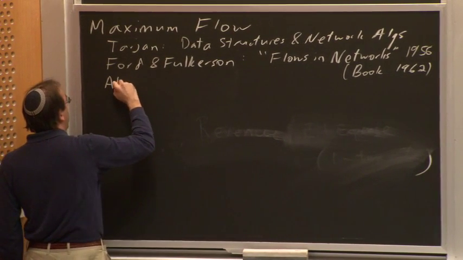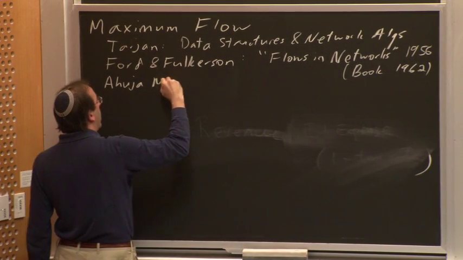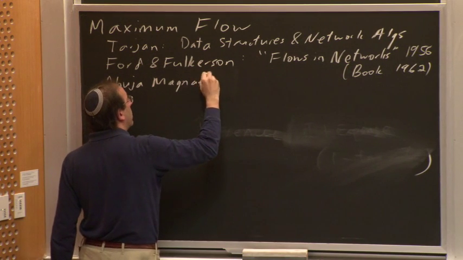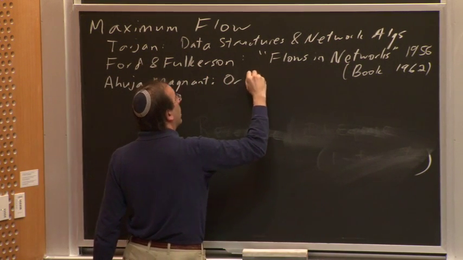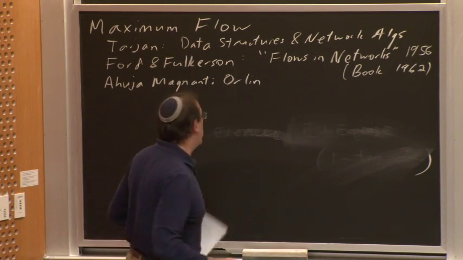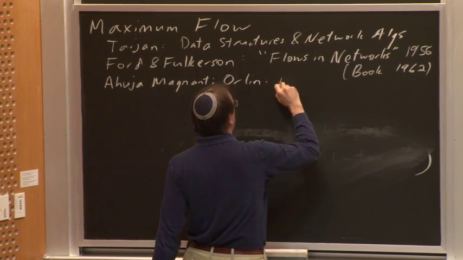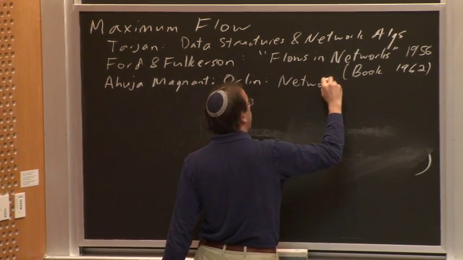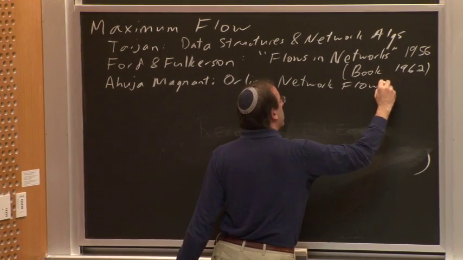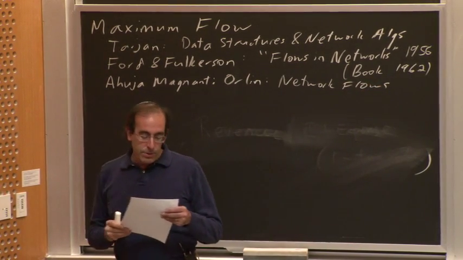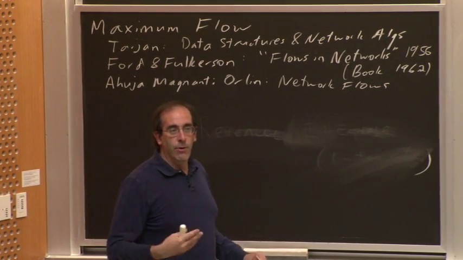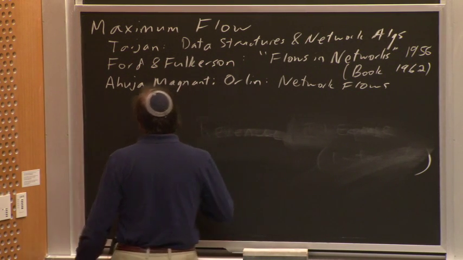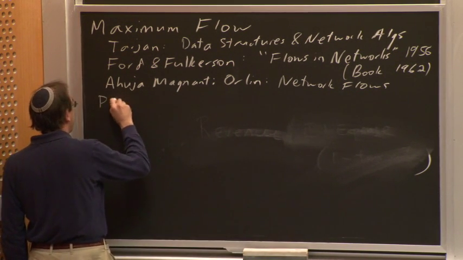If you want sort of the relatively up-to-date stuff, Ahuja, Magnanti, and Orlin, who are or were all here at one point, have a whole book on network flows. And so that's the reading material that will be relevant for the next couple of weeks. And so now the formulation.